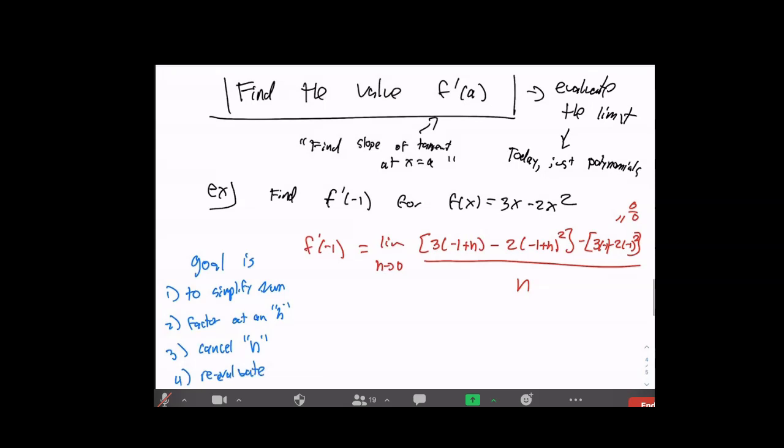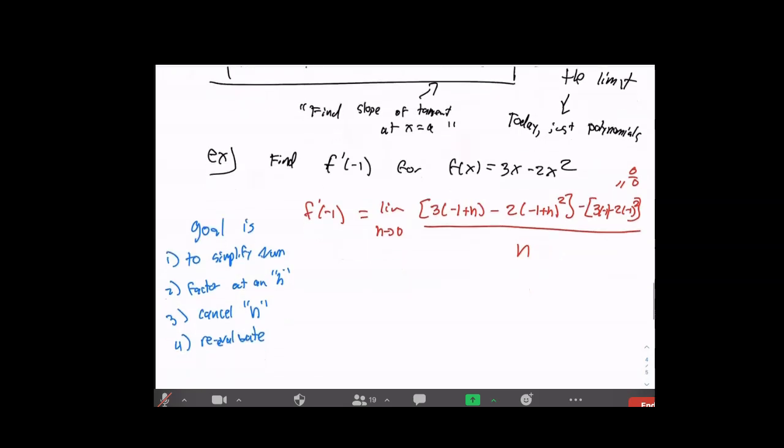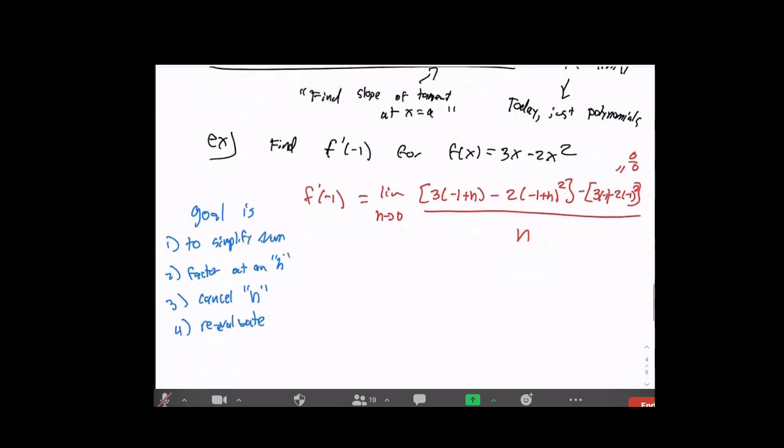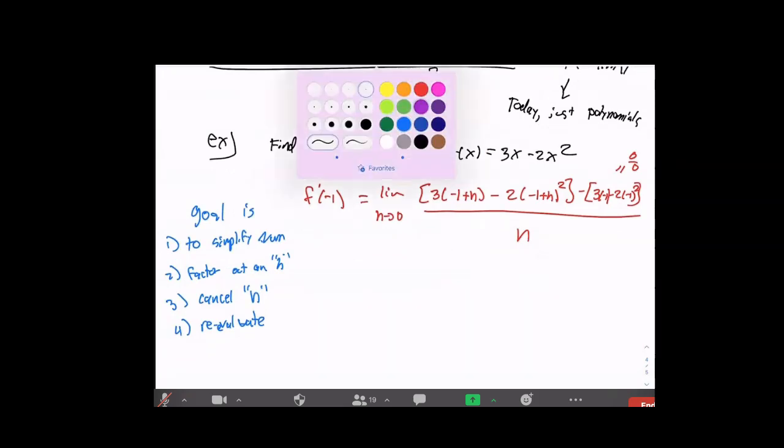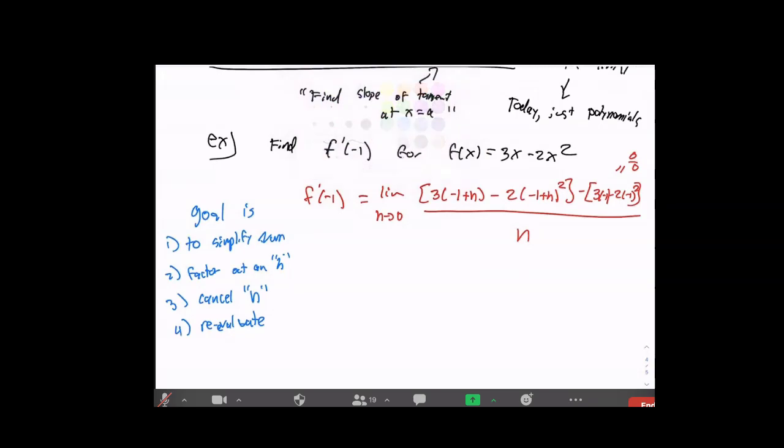Those are basically the same steps you're going to use all the time. So we need to expand. We need to clean up what we have. I know I have 5 minutes. This is the last example problem. So limit as h approaches 0. We're just going to clean it up.